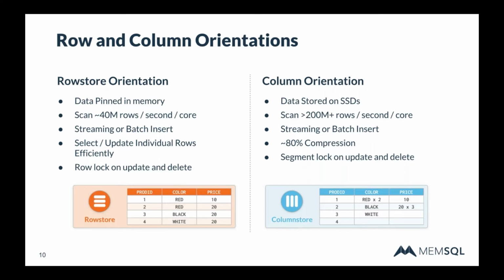You get compression ratios that can be 5 to 10 times, and locking is at a little coarser granularity. It's at the granularity of what we call a segment, which is like a 1,000,000 row chunk of a table. And we use columnar compression techniques like dictionary encoding and run length encoding to get that tremendous compression and also some query execution speedups.